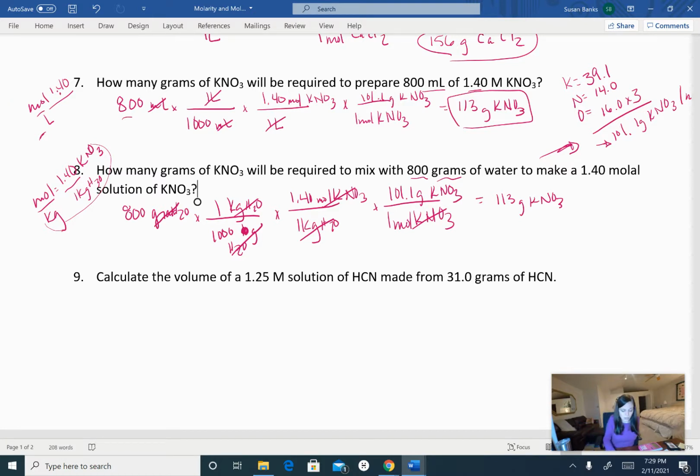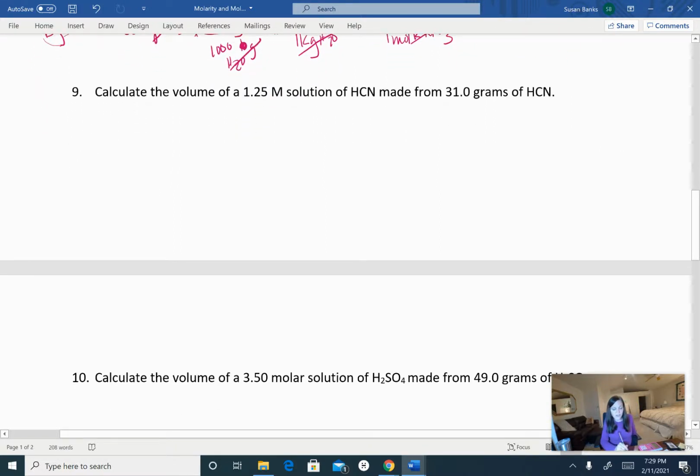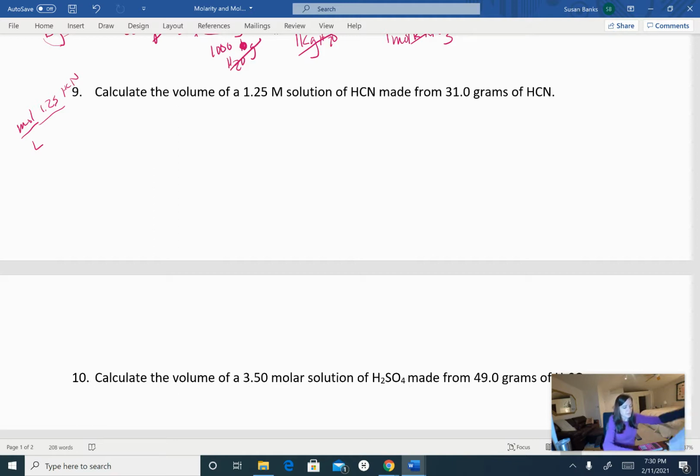So let's go on to number 9. Calculate the volume of a 1.5 molar, so molar is moles per liter. So this will give me 1.25 moles of cyanic acid in 1 liter of solution. So made from 31 grams of cyanic acid. So the first thing I've got to do is I've got to take my grams of cyanic acid and find the molar mass.